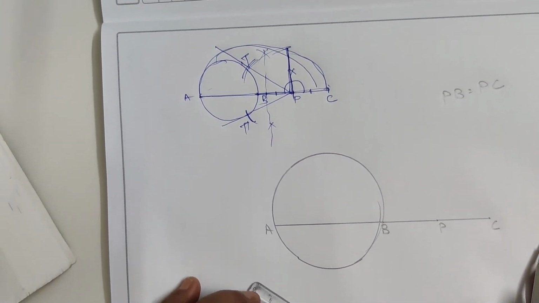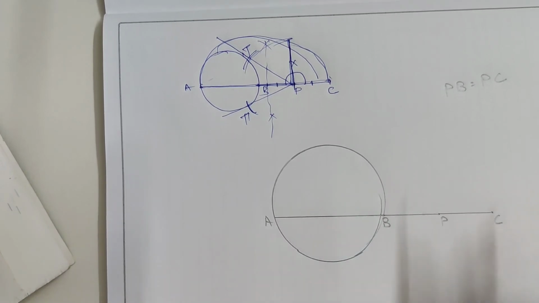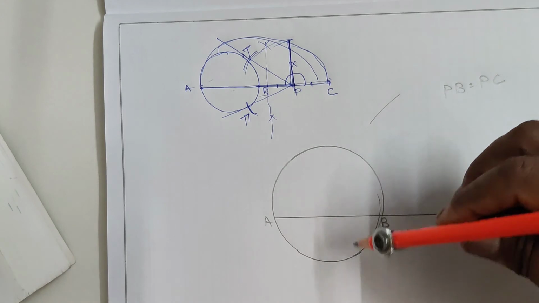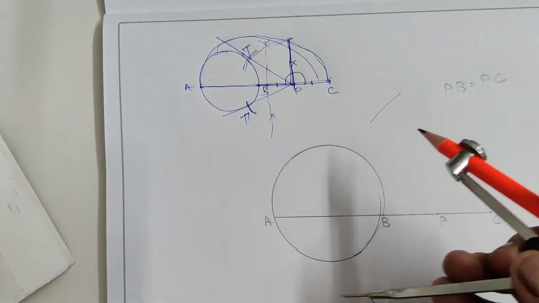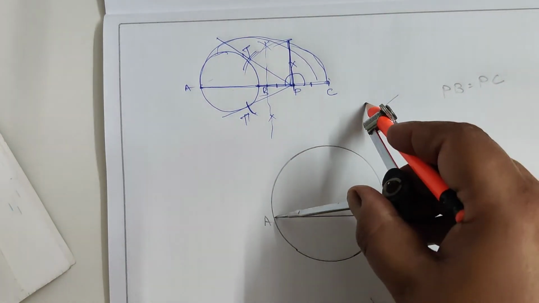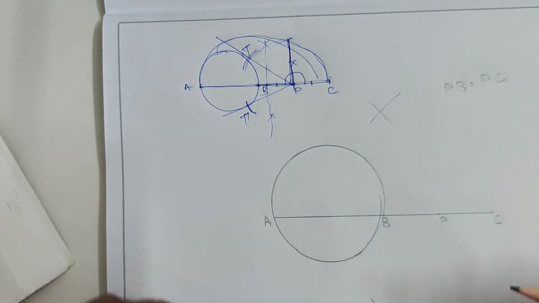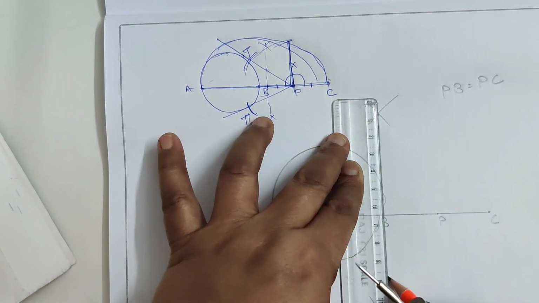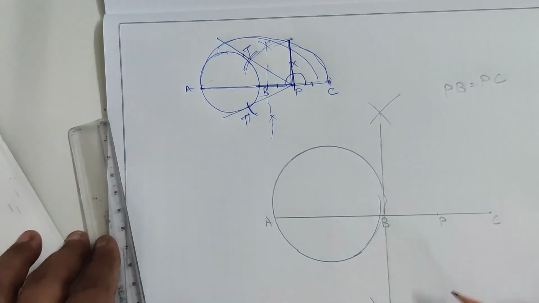Now perpendicular bisect the line AC. This is the perpendicular bisector. Okay.